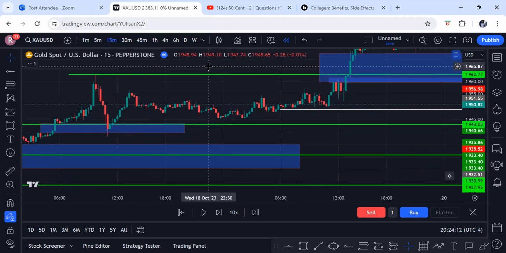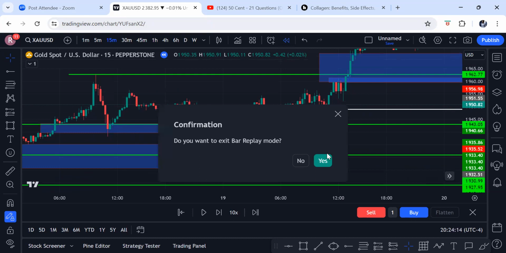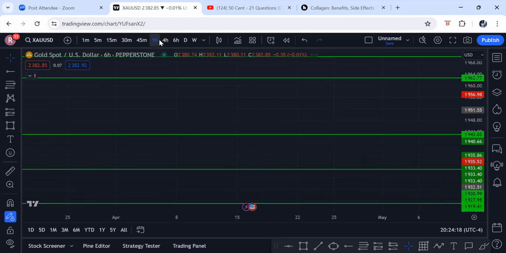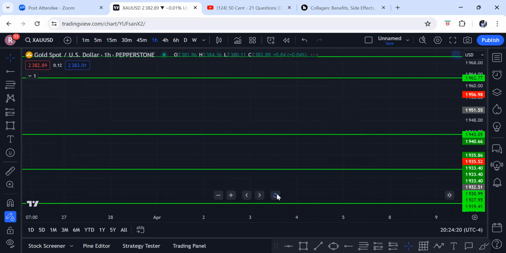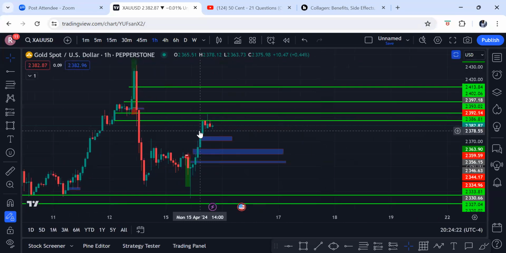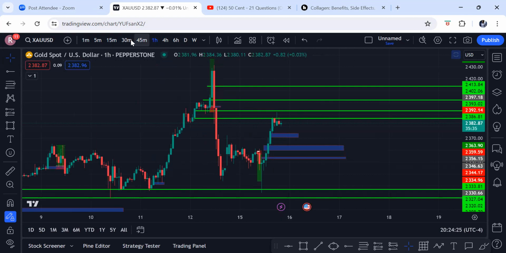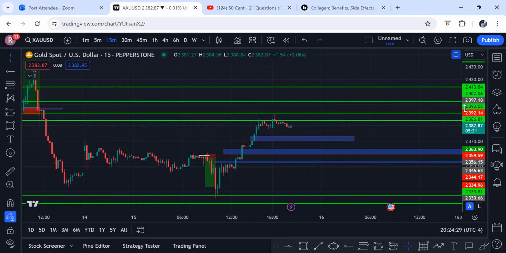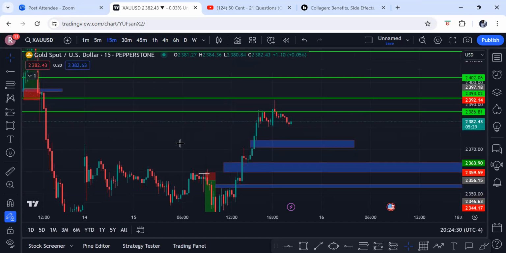All right, see something here real quick. I'm gonna go to very present. The trade on gold today. All right, so the trade on gold today.